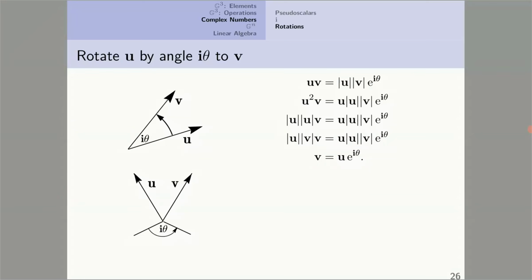To analyze this situation, decompose u into its components orthogonal to and in the plane I, and have a look at what happens to these components individually. u perp is mapped to itself under the rotation. u parallel is mapped to u parallel e to the I theta, the formula I just proved. So we have this.